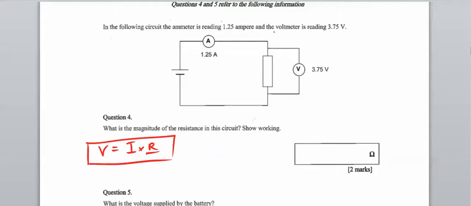So the resistance is V divided by I. The voltage is 3.75 volts and the current is 1.25 amps. So the resistance is going to be 3 ohms.